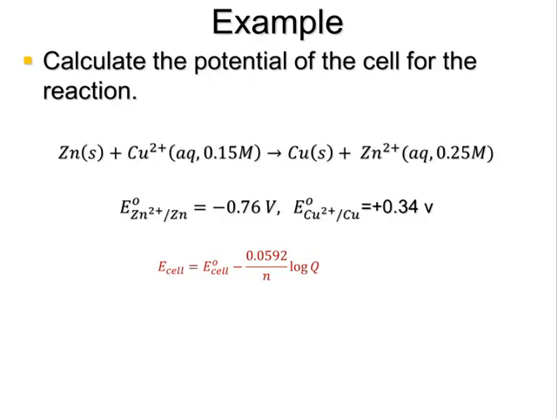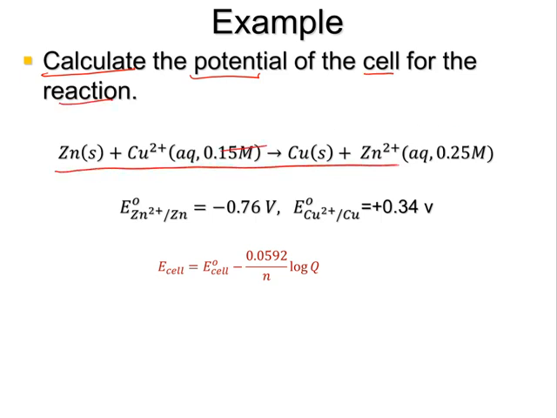I think the most important thing is that once you establish a concept or a fact, the next step to do is to work out an example. So I would like you to pay particular attention at this point and go through this example with me. Okay, the question reads, calculate the potential of the cell for this reaction here.